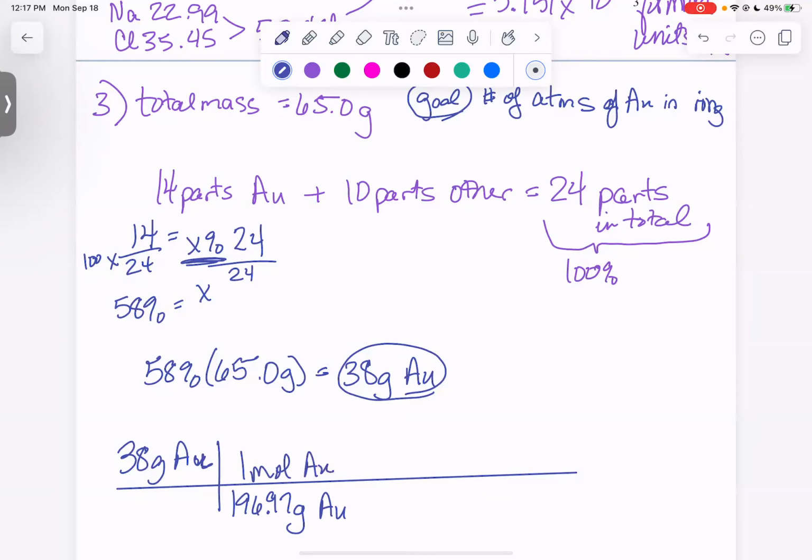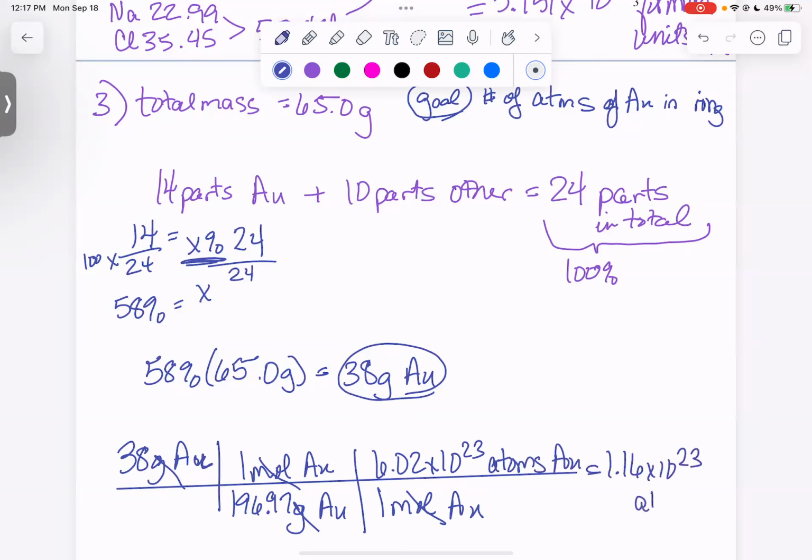Just got that from the periodic table. And then I know in 1 mole of Au, and let's make sure grams cancel, moles cancel, I have 6.02 times 10 to the 23rd atoms of gold. So I get 1.16 times 10 to the 23rd atoms of gold.